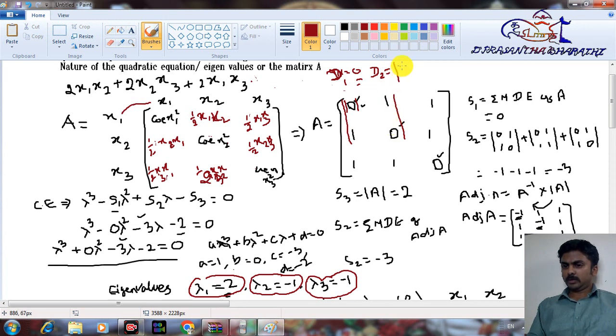So d2 is the determinant of 0, 1, 1, 0, which includes the main diagonal elements 0 and 0, so it is 0 minus 1, which is minus 1. And d3 is the complete determinant, the determinant of A, that is this whole thing.